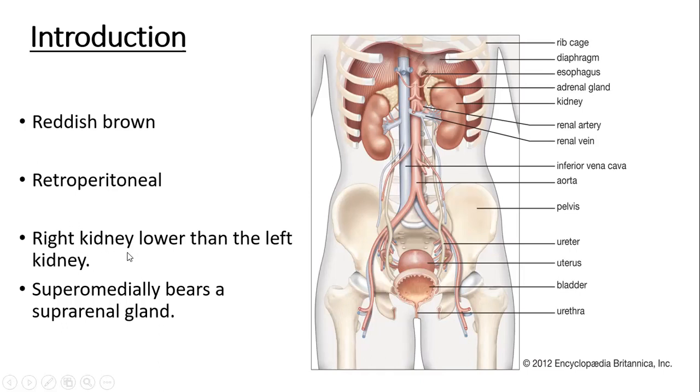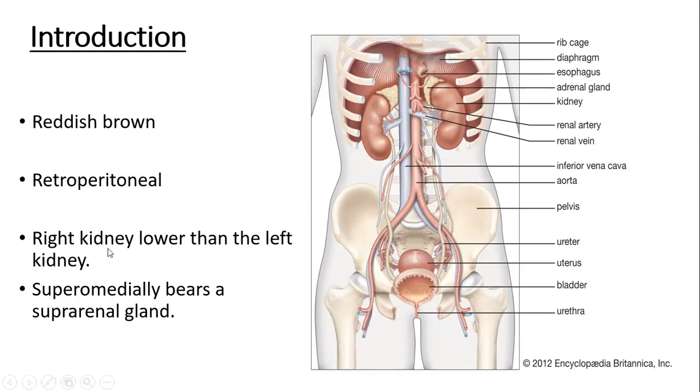When it comes to their location, the kidneys are covered by the costal margins, and their vertebral levels extend from the 12th thoracic vertebra till the 3rd lumbar vertebra.